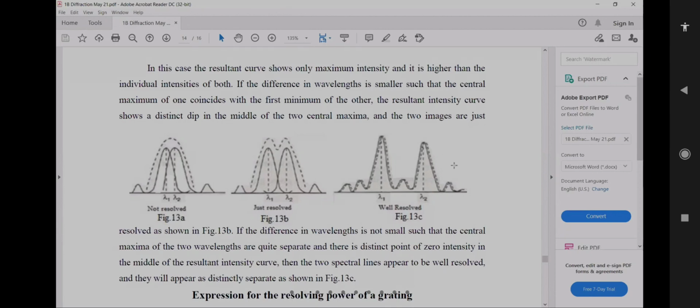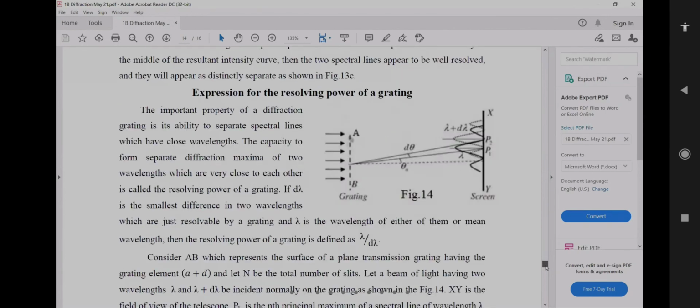So now coming to the expression for the resolving power of a grating. The important property of a diffraction grating is its ability to separate spectral lines which have close wavelengths.